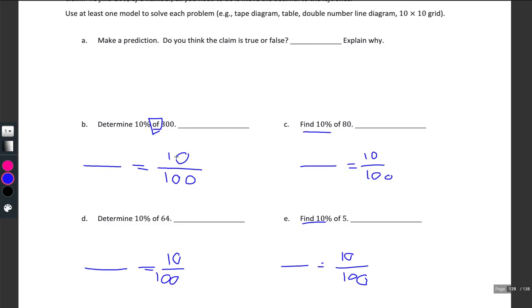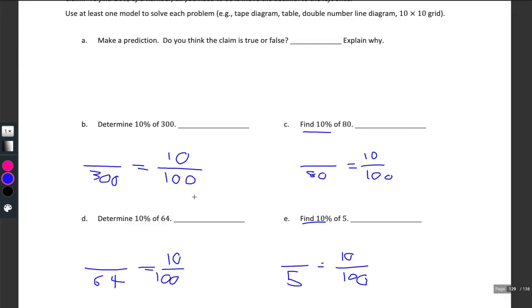So we're trying to find 10% of 300. So we're going to put 300 down here. Let me erase that. Yeah, 300. This one we're finding 10% of 80. This one we're finding 10% of 5. This one we're finding 10% of 64. And again, I'm putting the 64 down on the bottom.